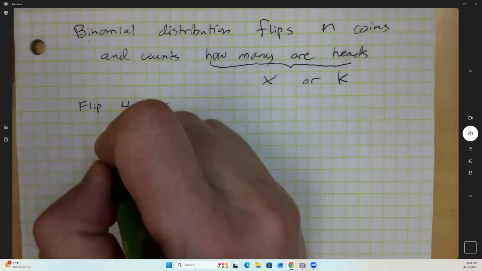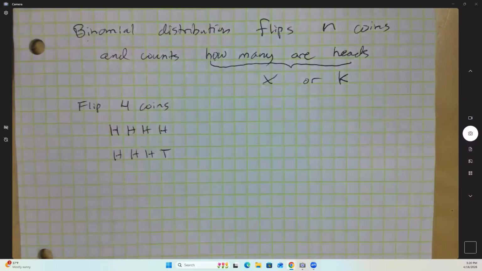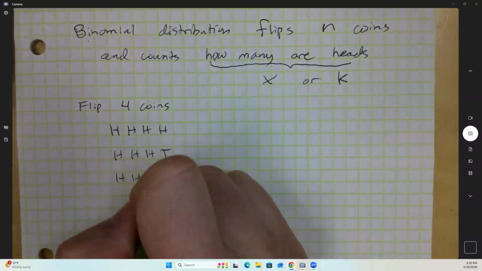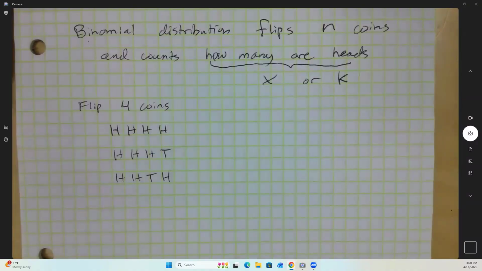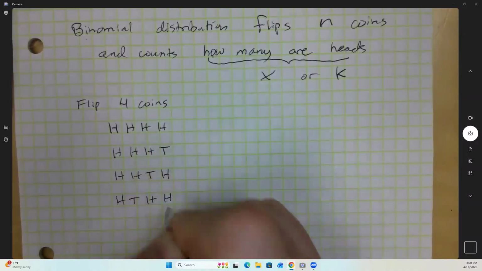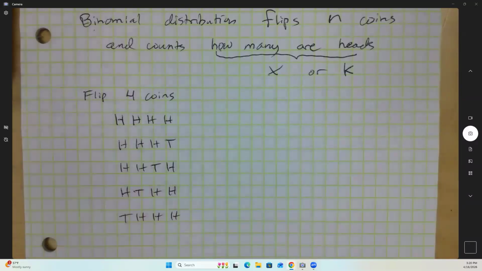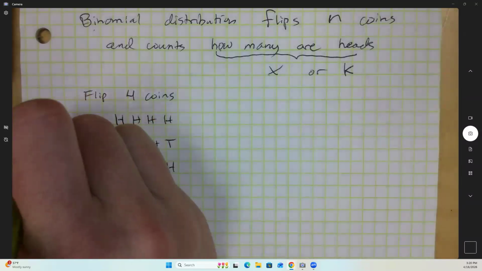Of course, I could also have the first 3 be heads and then the last one be tails. Or maybe the first 2 are heads and then there's a tails and then there's another head. Or maybe a head, a tail, a head, a head. Or maybe a tail, a head, a head, a head. Each of these are outcomes.